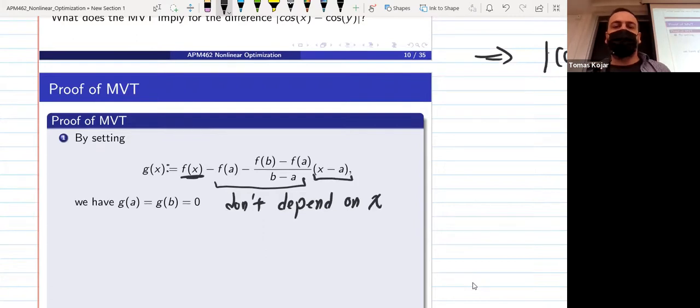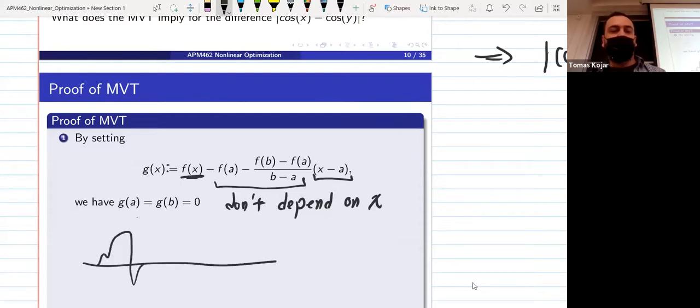And there's an x over here. Why is this interesting? Because if you remember, Rolle's theorem. In Rolle's theorem, we needed the function to come back to itself. So this function does something crazy, and then it comes back to 0.